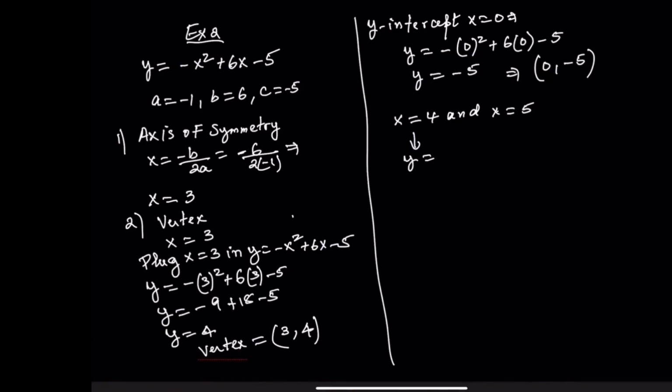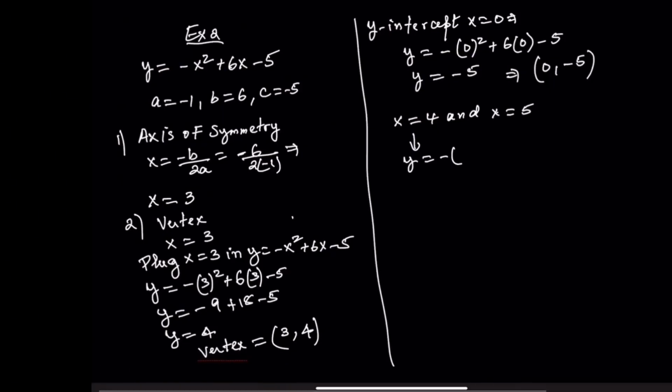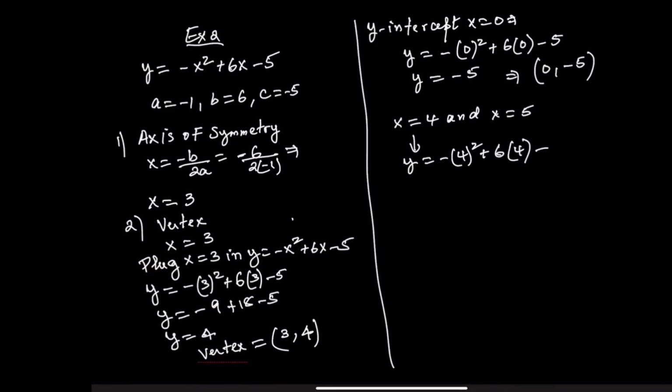When x equals 4, plug it into the equation, negative 4 squared plus 6 times 4 minus 5. That's negative 16 plus 24 minus 5, which equals 3. So one point is at 4, 3.